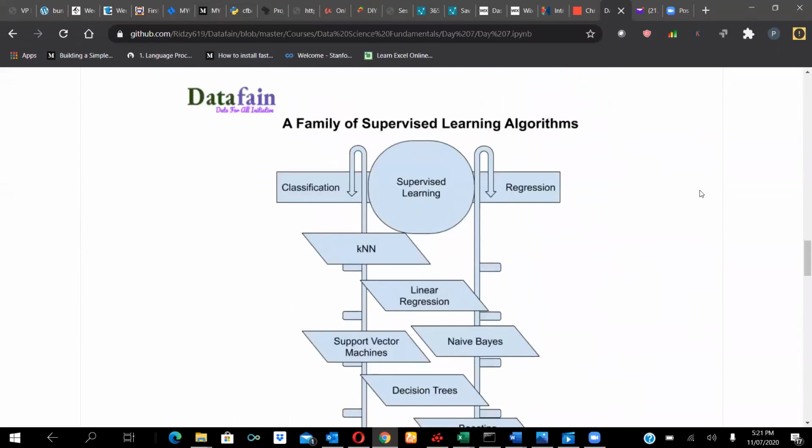Now, regression is another popular family that works for supervised learning models. And usually, it is a model that fits statistical data. What do I mean by that?